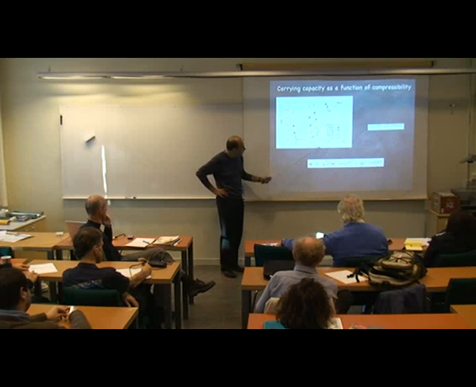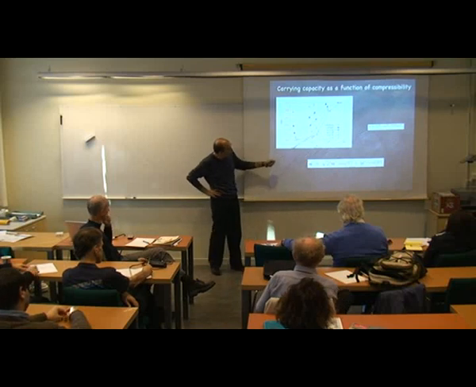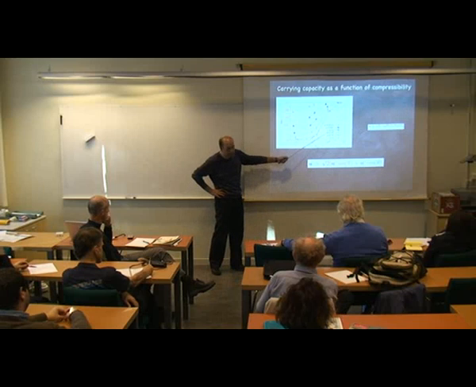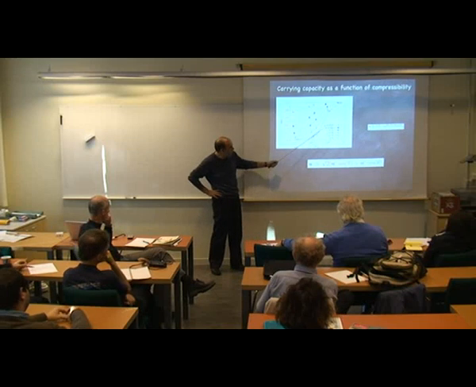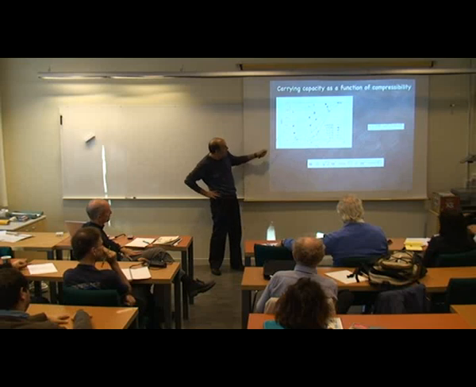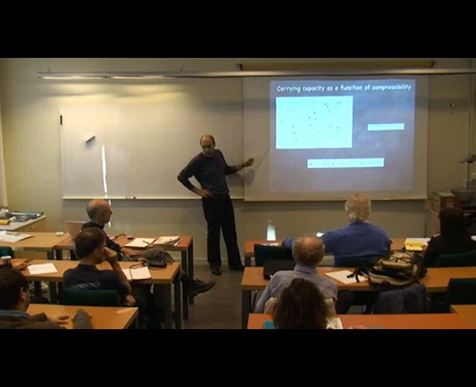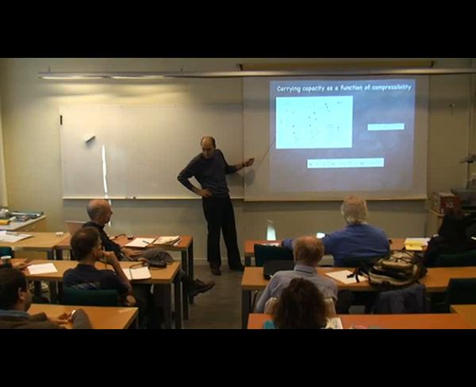And what you observe is that even if the compressibility is relatively very small, I mean it's 10 to the minus 2 in this case, you still have an effect on the carrying capacity, which is order 20%, which is not so small.